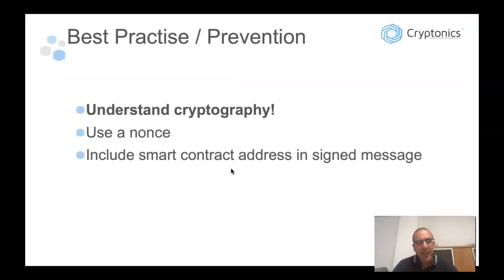Well, of course, first of all, we have to understand how cryptography works. And this is the major problem here. A lot of people that do these off-chain signature collections and submit them to a smart contract don't know how public key cryptography, how these signature schemes really work. And in this particular case, what we'd have to do is use a nonce, which is a number used only once. Basically, in this case, it could be something like a counter.